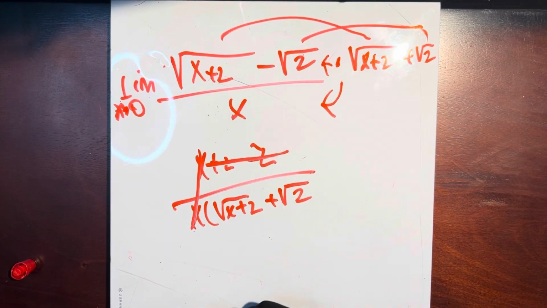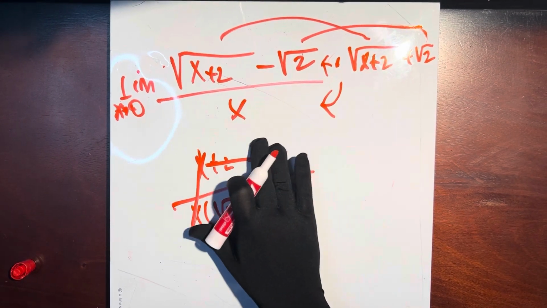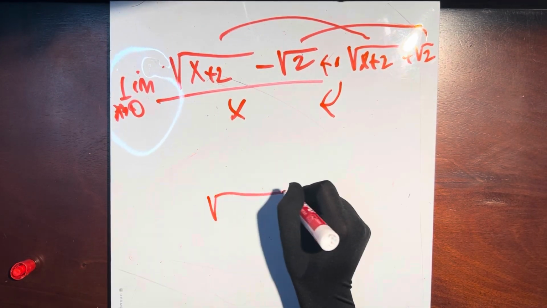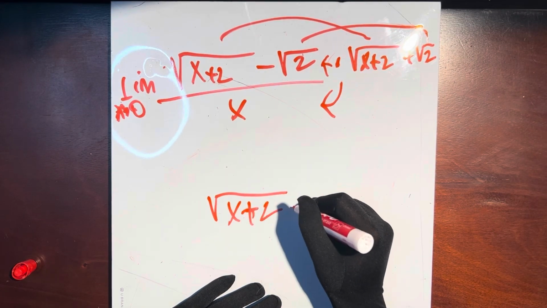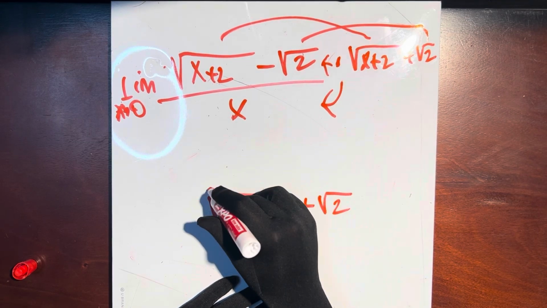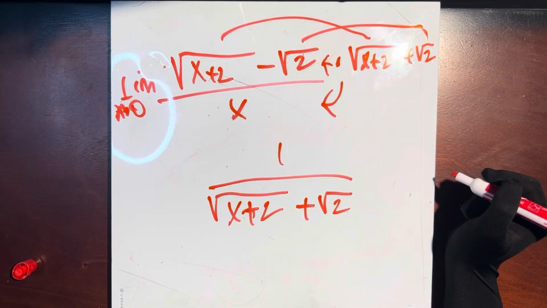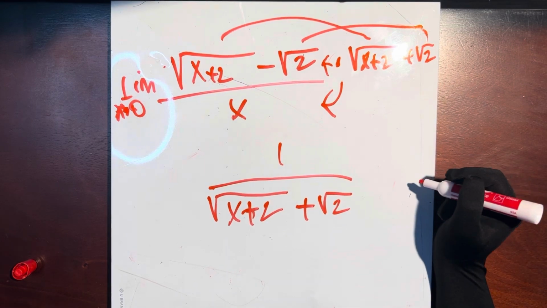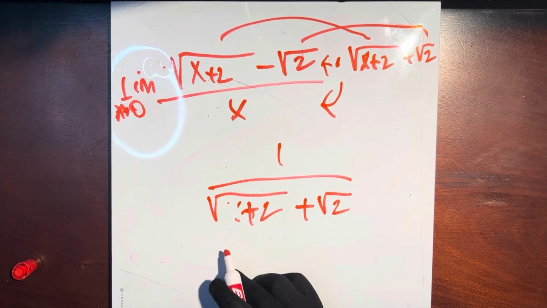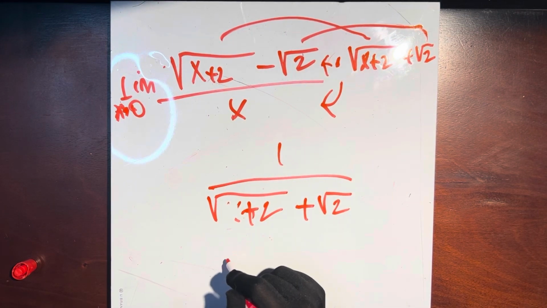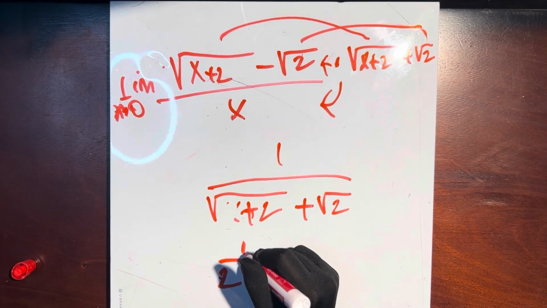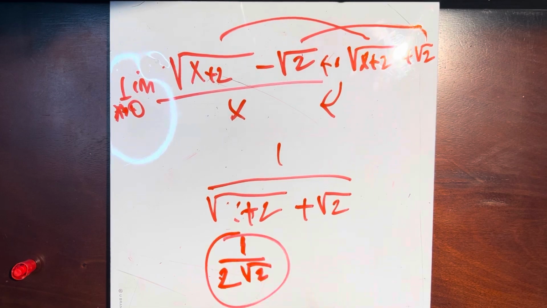And these x's would also cross out, leaving you with 1 over the square root of x plus 2 plus the square root of 2. You plug in the 0 for x, removing the x entirely, and now you just have 1 over the square root of 2 plus the square root of 2, which in simple terms becomes 1 over 2 square root 2. This would be your answer for the equation up here.